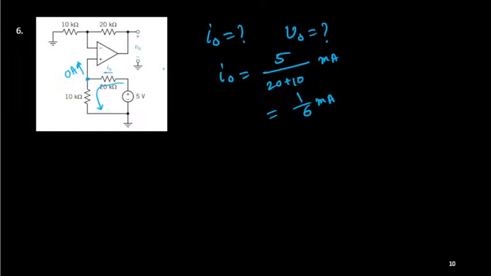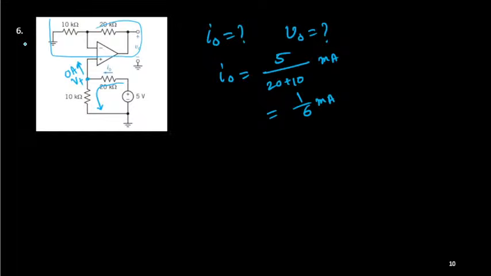Okay. Now what is V naught? Before that, what is this potential V plus? If we can find this potential, then the rest of the circuit is simply a non-inverting amplifier. So I need to find V plus.